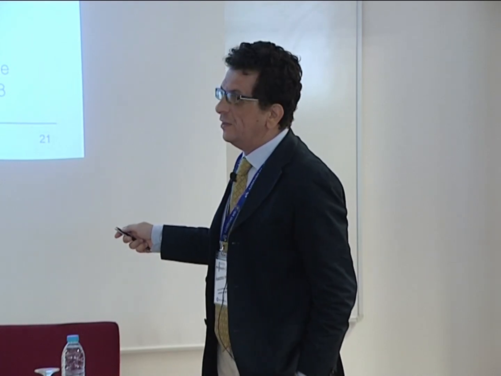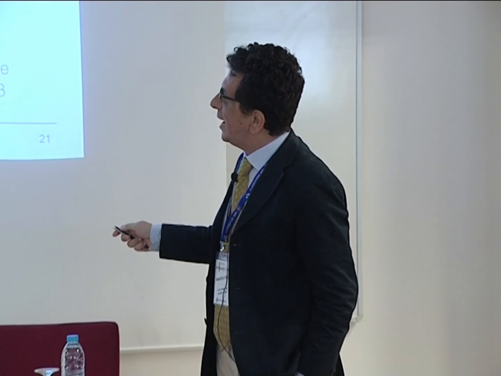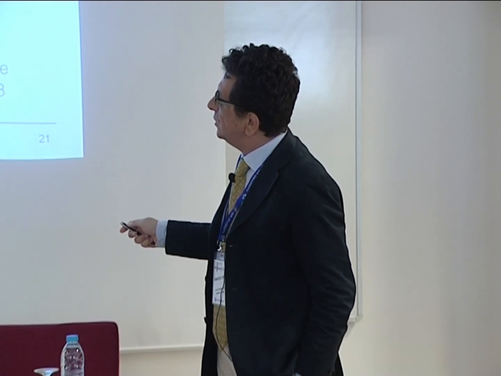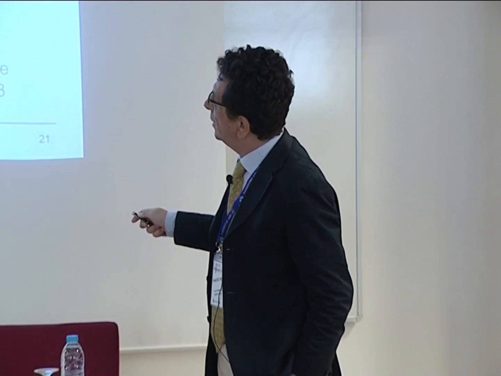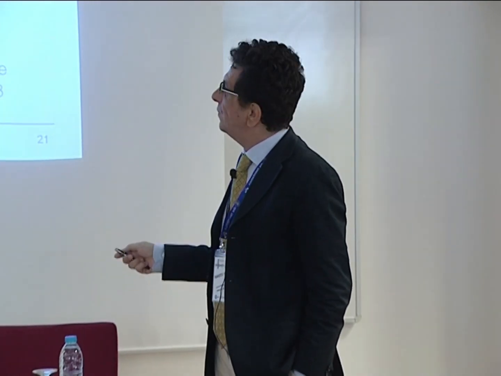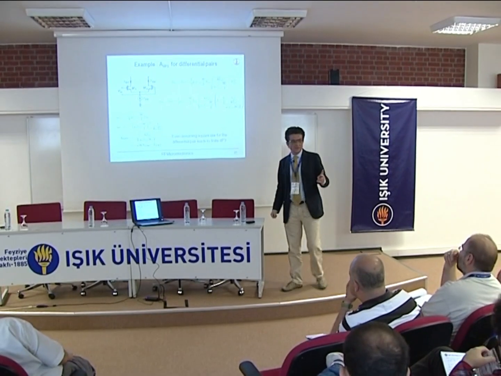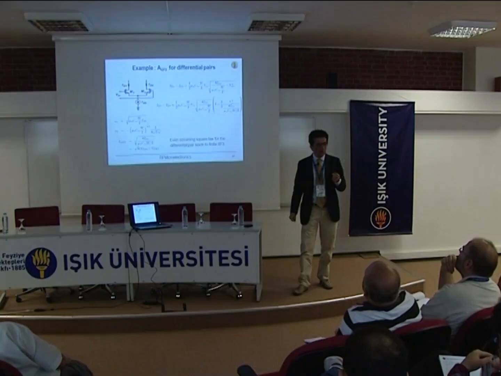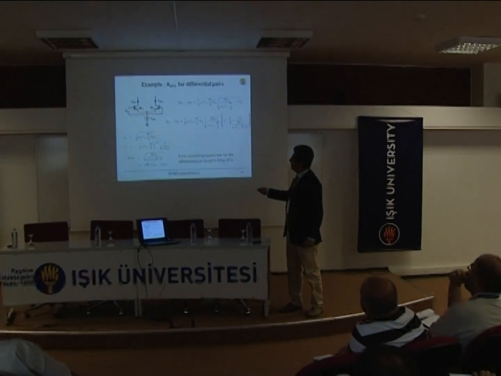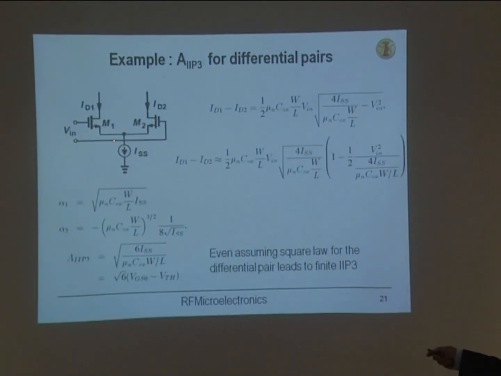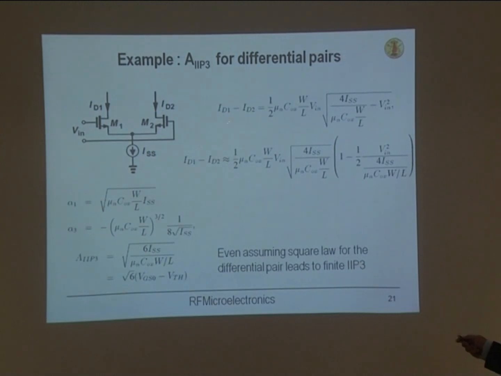So when this is high and this is driving, this node is following. So we have this node which is moving at twice the frequency of the input signal. So this node actually is not a virtual ground under large operation, but it's doing a rectification.